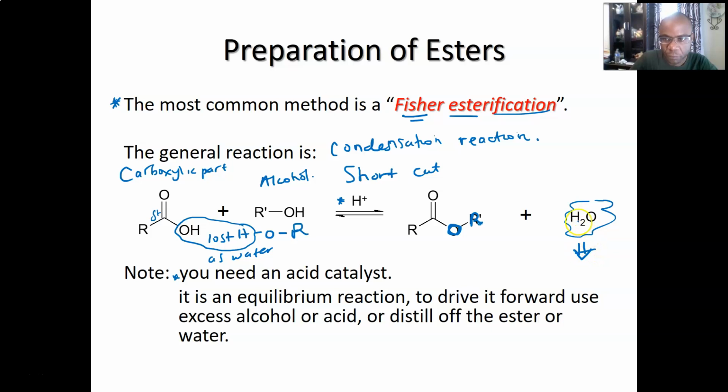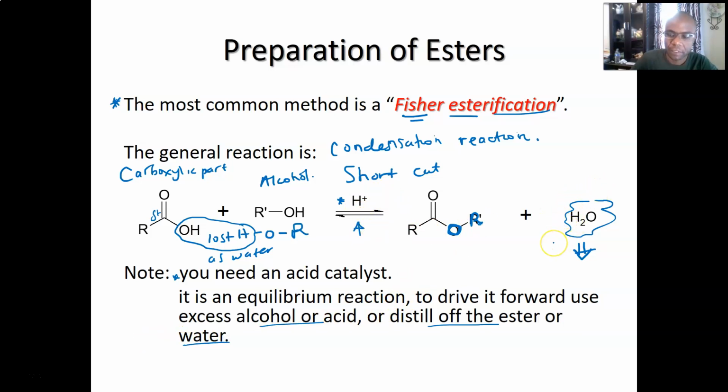So if you're taking out products, you make more products, so the reaction keeps going forward. To drive it forward, you either use excess alcohol or acid, or take off the ester, or take off the water as it forms. The easiest here is to take out the water.